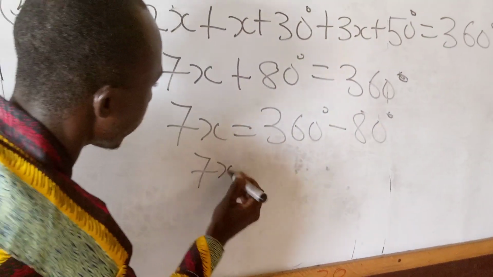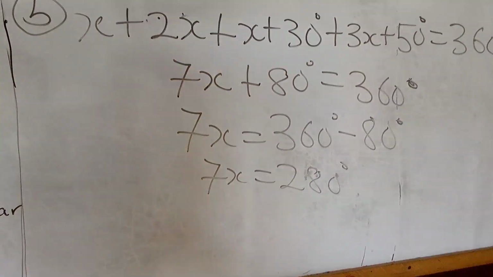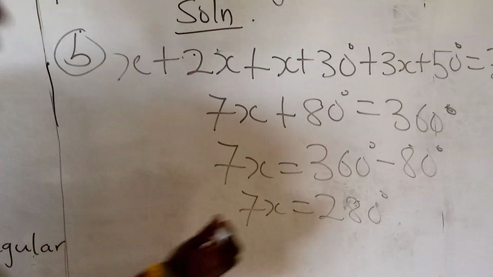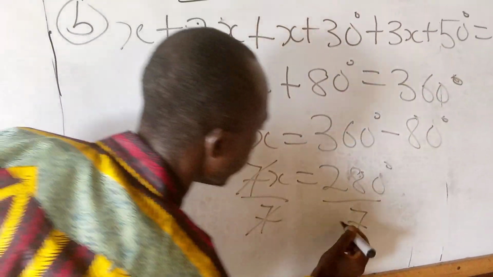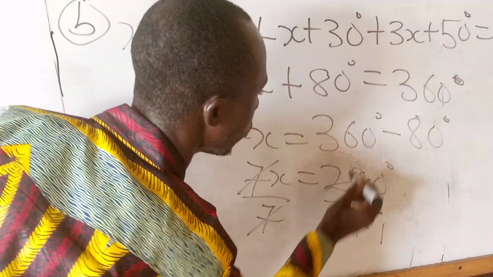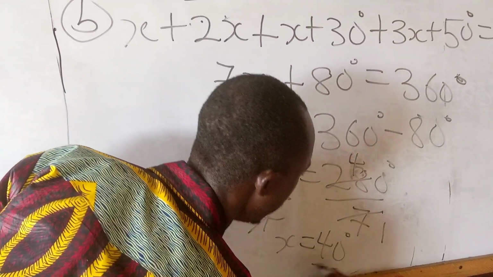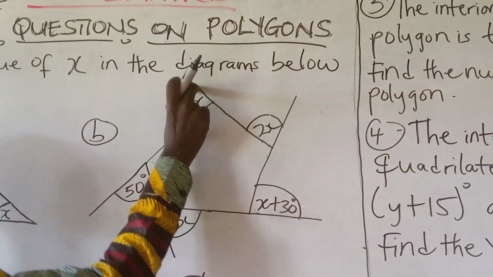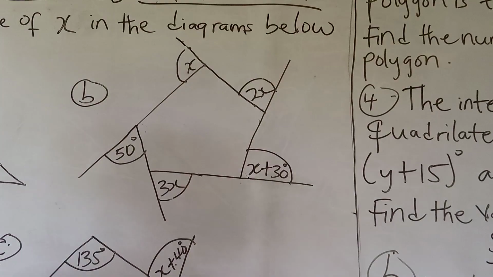So 7x equal to 280. You divide through by the coefficient of x, which is 7. This cancels this one, this here, it becomes 4. So x is equal to 40 degrees.